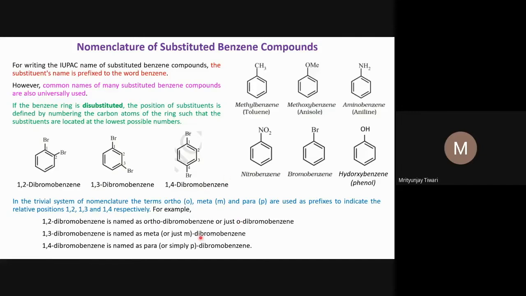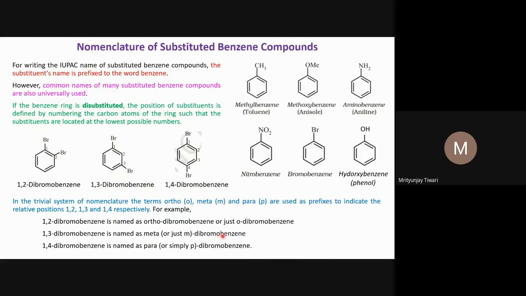And if it is meta dibromobenzene, these two bromine groups are at the first and third positions of the benzene ring, on alternate carbons. One can also write it as m-dibromobenzene, and this compound will become para dibromobenzene, or simply p-dibromobenzene.